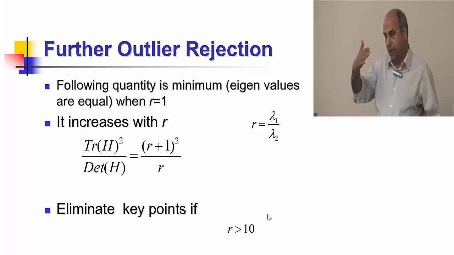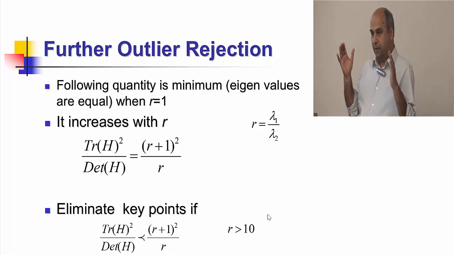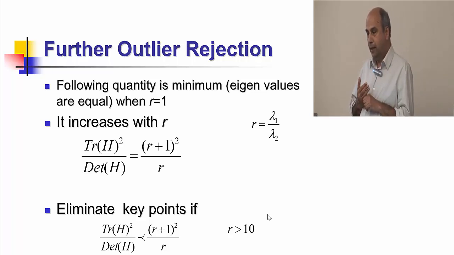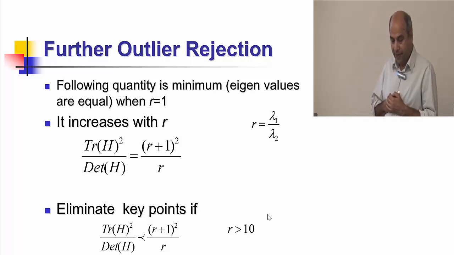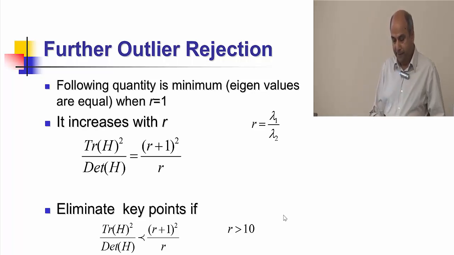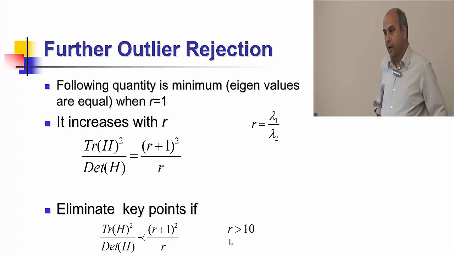So then the bottom line will be we get this matrix, add the diagonal elements, find the determinant, and find the trace, compute trace squared divided by determinant, and we say that if this is greater than the threshold, where R is 10, then we'll remove those points. So that's the whole process.